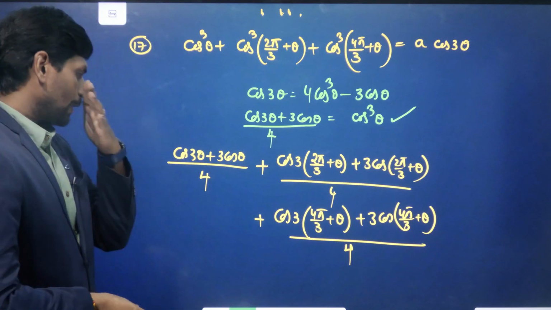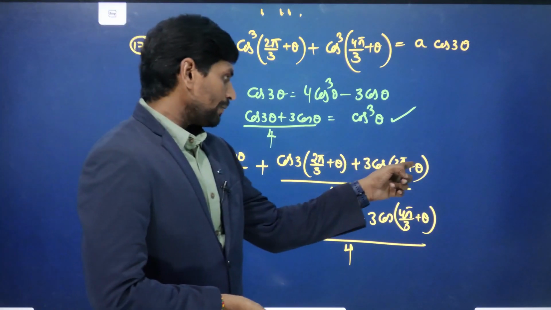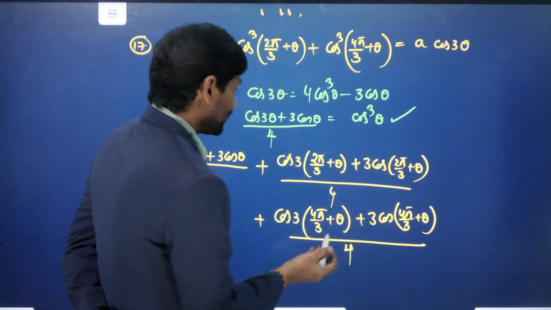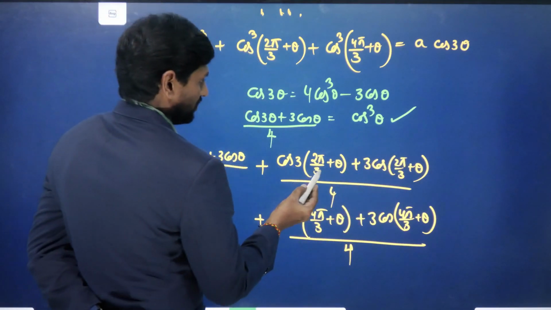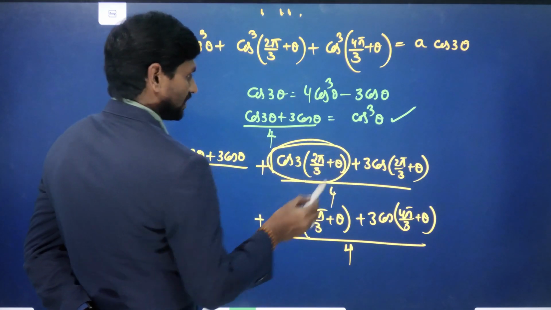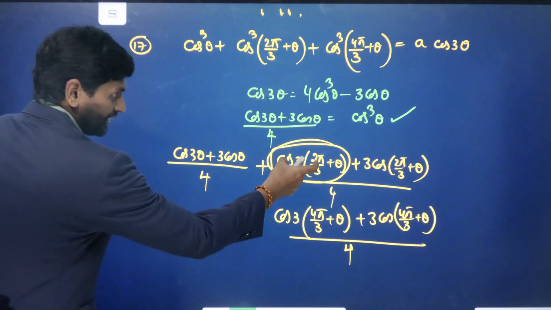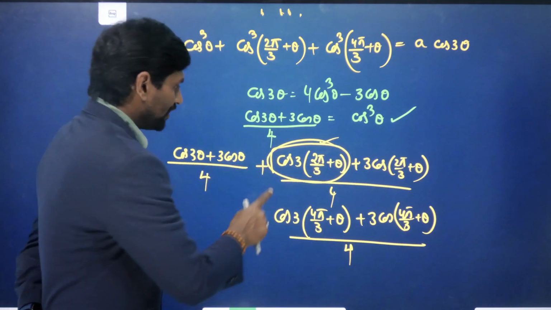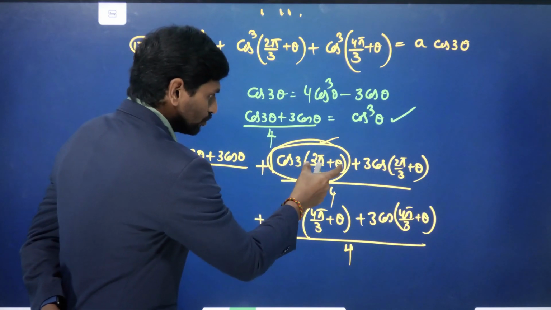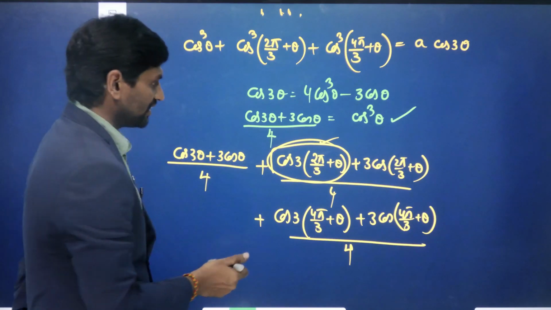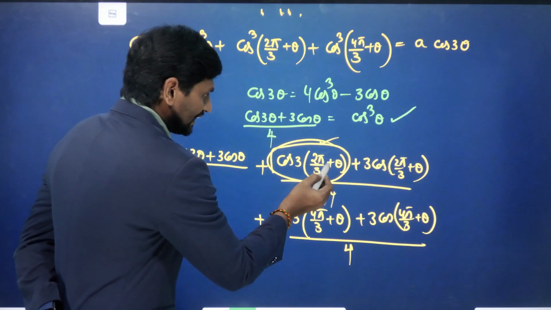Okay? Now you are observing the second term. In that term, cos 3 into (2 pi by 3 plus theta), we can write as (2 pi plus 3 theta) by 3.